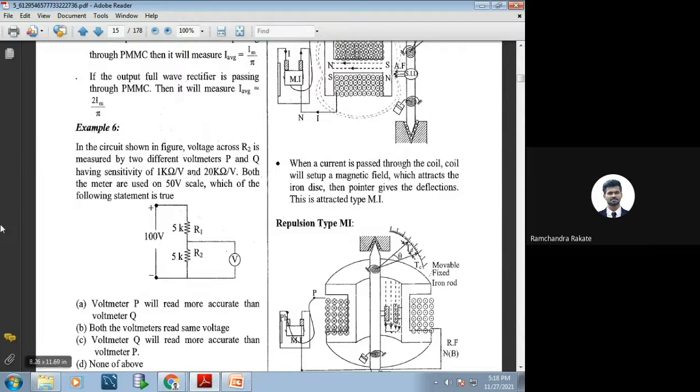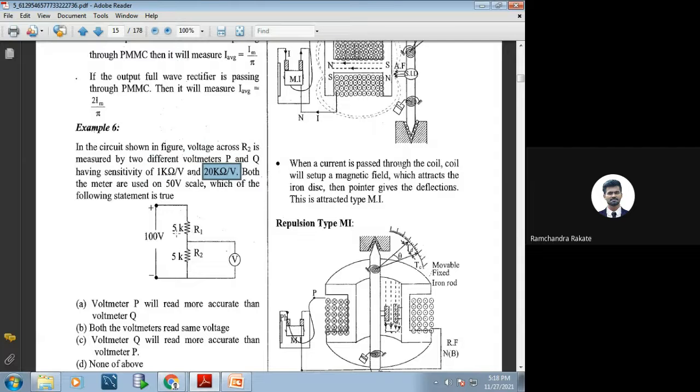So what they are given: in the circuit shown in the figure, voltage across R2. Where is R2? Yes, R2. Voltage across R2 is measured by two different voltmeters P and Q, having sensitivity of 1 kilo ohm per volt and 20 kilo ohm per volt.